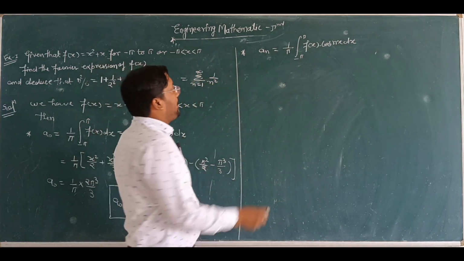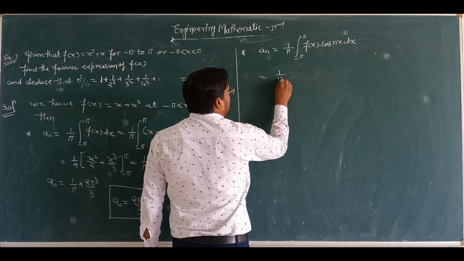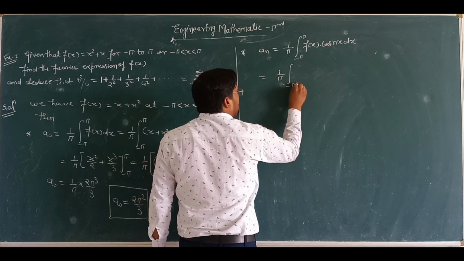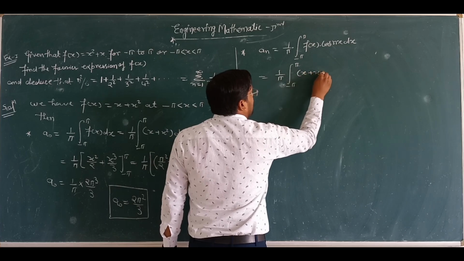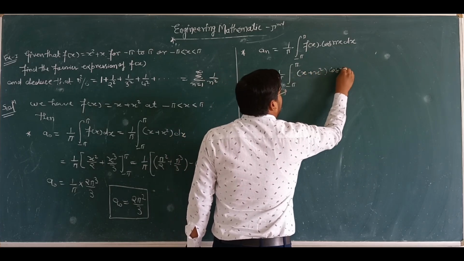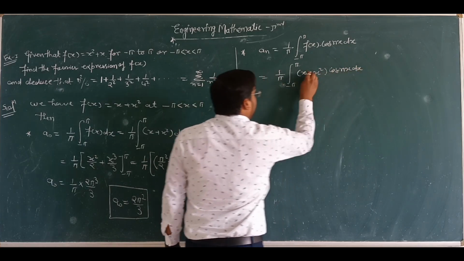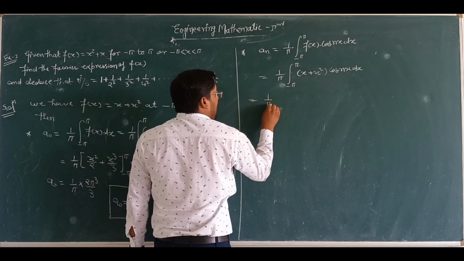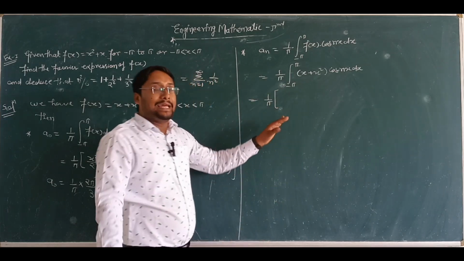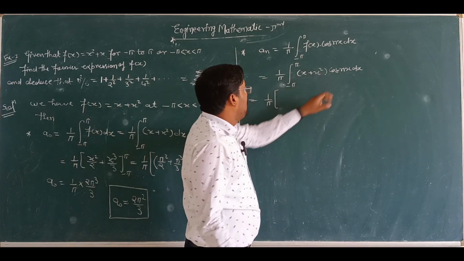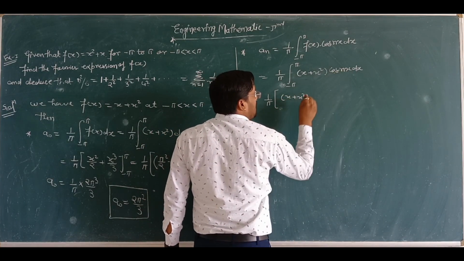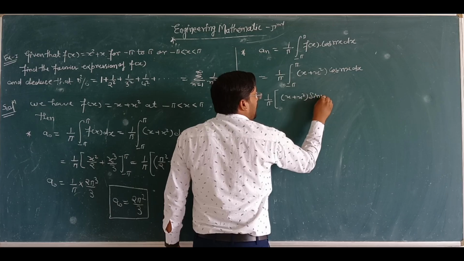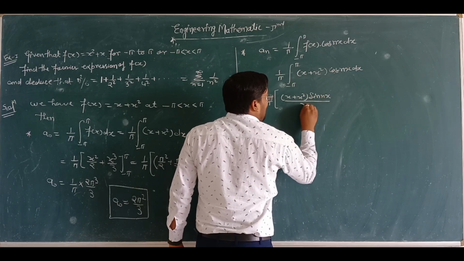Put the value of f(x): 1 by pi integration minus pi to pi of (x plus x square) cos nx dx. Now integrate this function: 1 upon pi bracket. First of all, take x plus x square and the integration of cos nx, which is sin nx upon n.